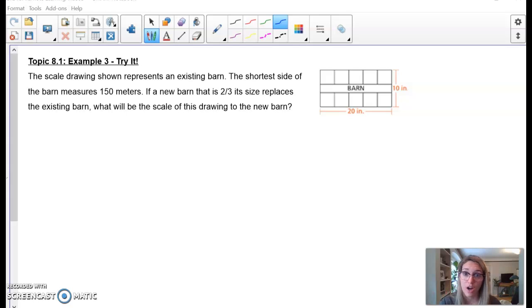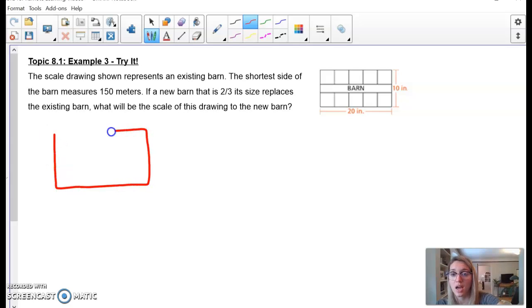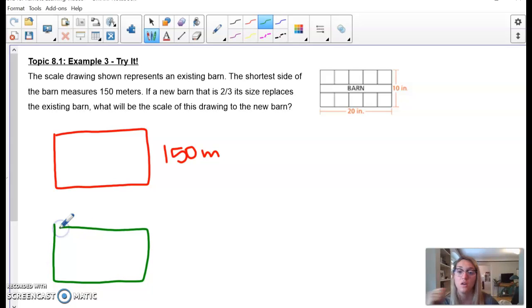But we first need to figure out what the scale is for this drawing compared to the existing barn. So I'm going to start by actually drawing these barns out so that I have a nice visual of what I'm looking at. So this existing barn is 150 meters wide, and we don't know its length. And this new barn that's going to replace it, we don't know the width or the length yet.